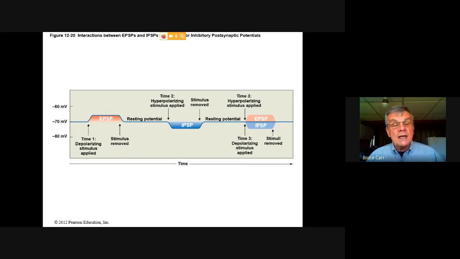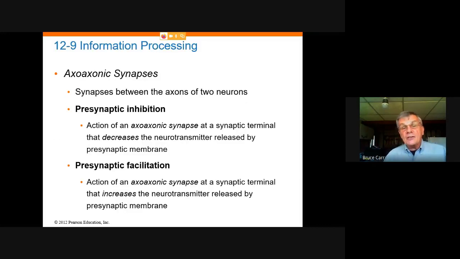We would represent it this way, based on whether these are excitatory, depolarizing, or inhibitory responses produced by different stimuli. And in fact, looking at this, the resting potential doesn't really change if excitatory and inhibitory are applied at the same time. We are seeing that the built-in complexity is something that we're just beginning to understand.